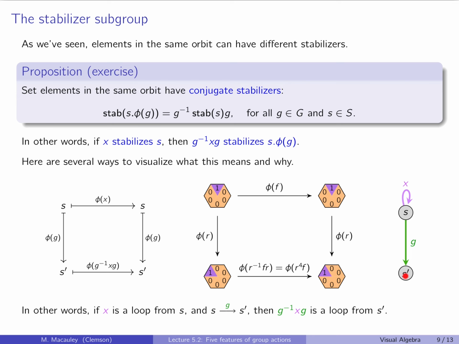First, do the g inverse path to get you to s, then do x, and then do g again. I'll say that one more time. If x is a loop from s, and g gets me to s prime, then starting from s prime, g inverse x g is a loop from s prime. So if x is in the stabilizer, g inverse x g is in that stabilizer. That's all this is saying.